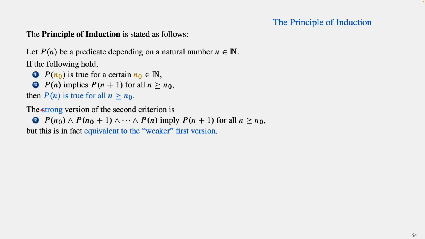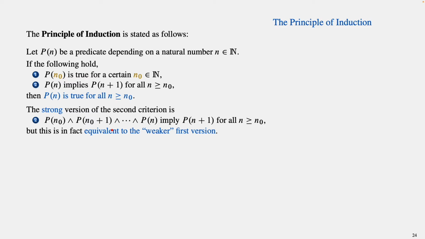And note that the principle can be formulated with a strong version, which appears to be a stricter criterion, where the second part is replaced by: P being true for the initial value and all values between the initial value up to a certain value n imply that P is true for the value n plus 1.